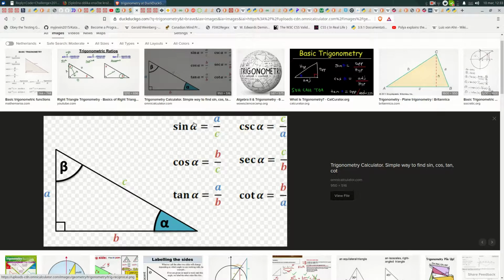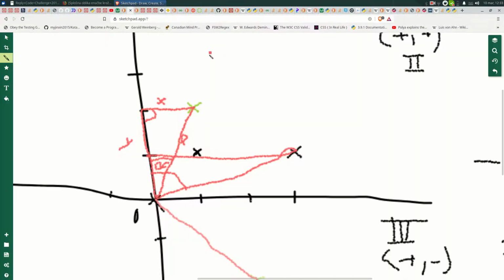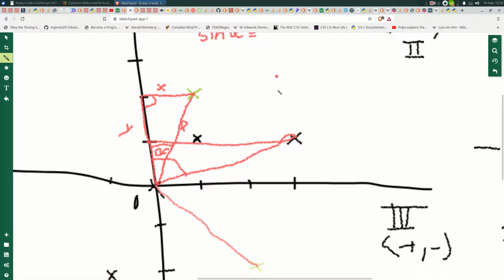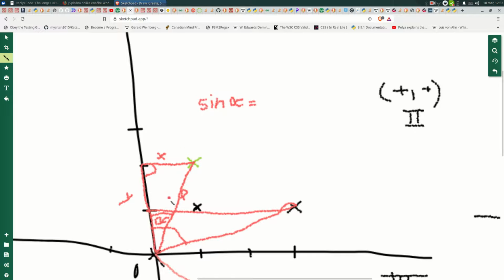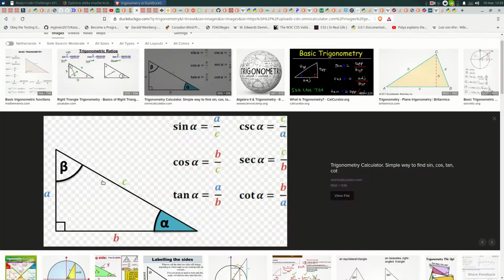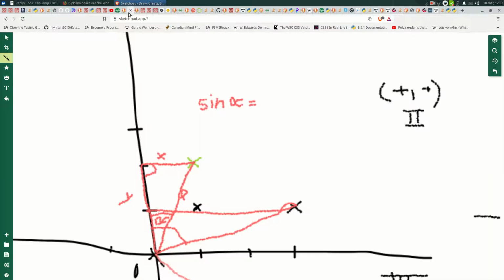So we can just use sinus, where we say sinus alpha equals A divided by C, so that's x divided by L. And how do we get alpha out of sinus alpha?